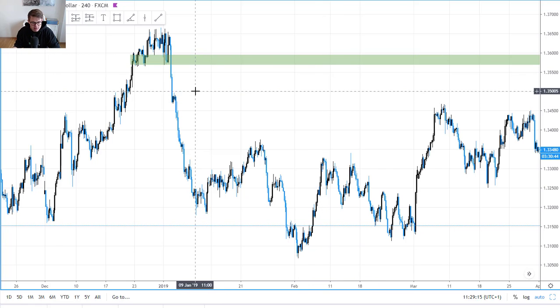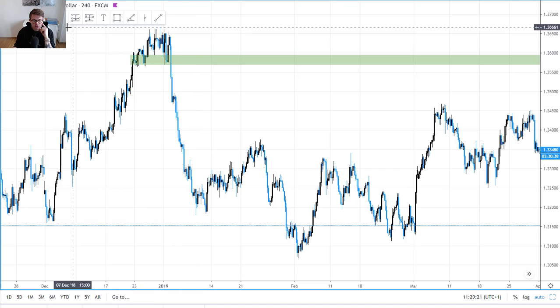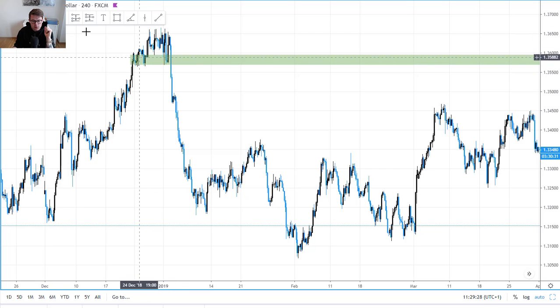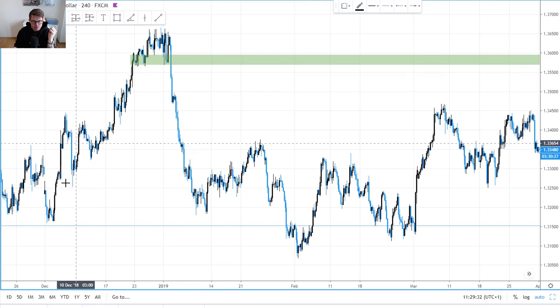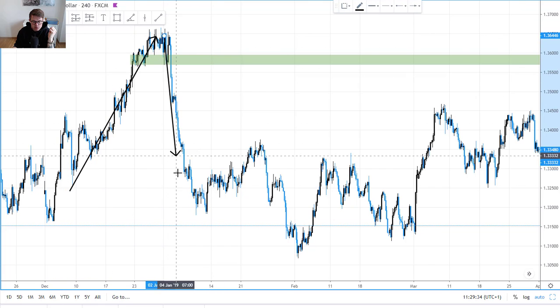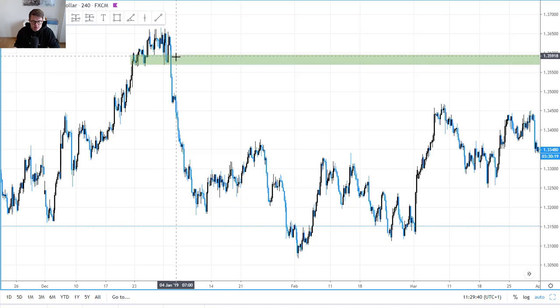So with supply and demand trading, especially in the beginning when you just get started, you want to focus on very obvious things on your charts. You want to look for very important turning points. For example, when the market goes from a strong uptrend to a strong downtrend, you want to look at what has happened around the turning points.